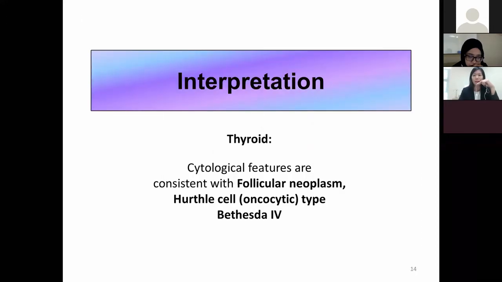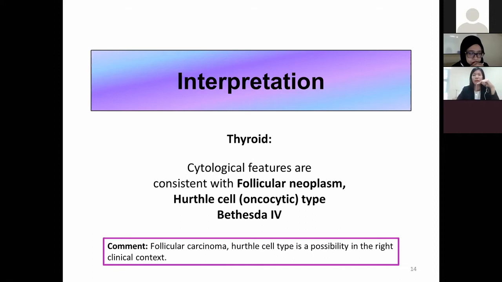So we gave a diagnosis of consistent with a follicular neoplasia, Hurthle cell type, Bethesda 4. Because we cannot categorize them anywhere else, we gave a footnote that it could possibly represent a follicular carcinoma, Hurthle cell type, in the right clinical and radiological context.